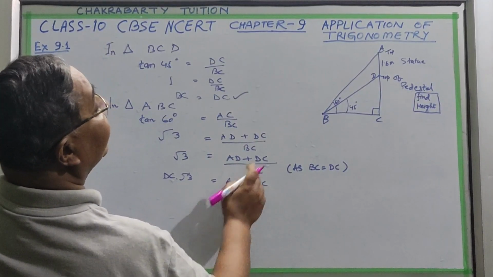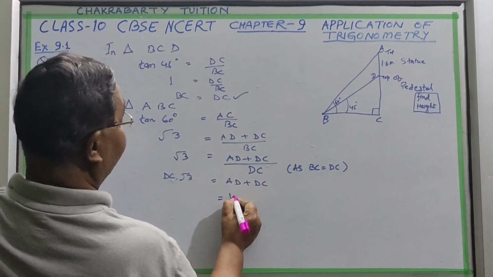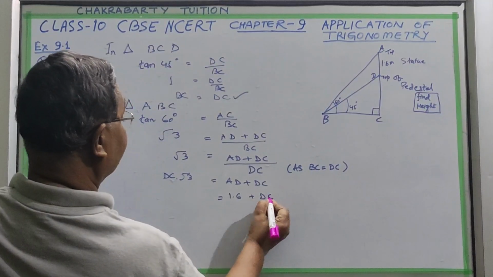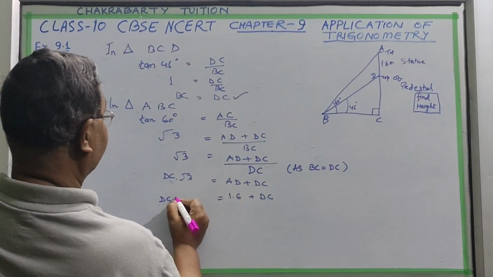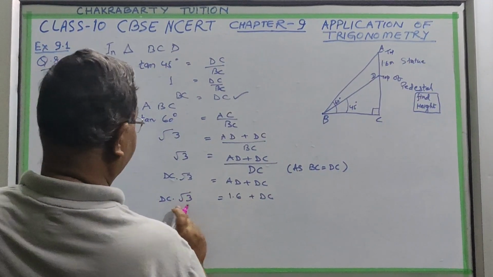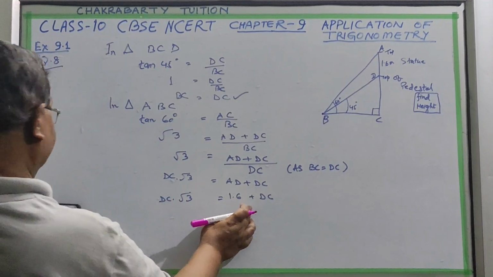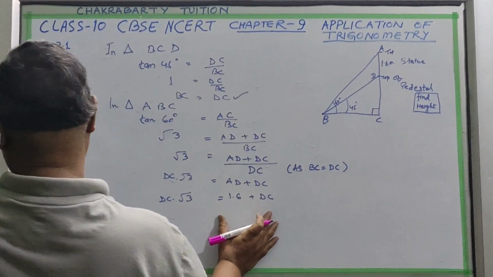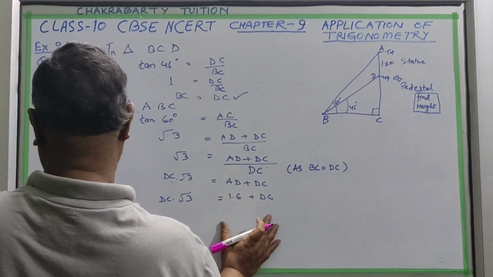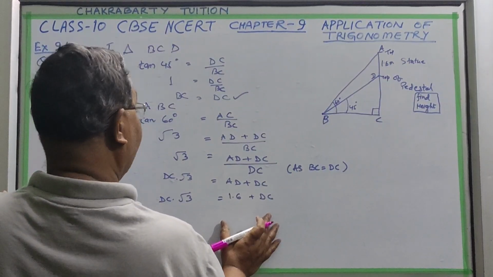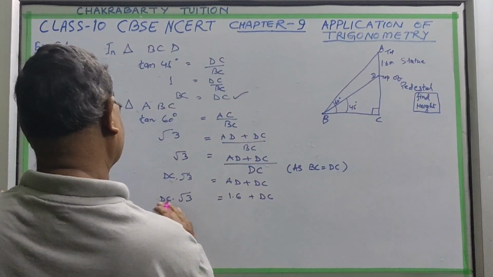So AD they have given already, 1.6, plus DC. So here DC times under root 3, the point means the multiplication sign. So what we can do now, we can put this to this side.